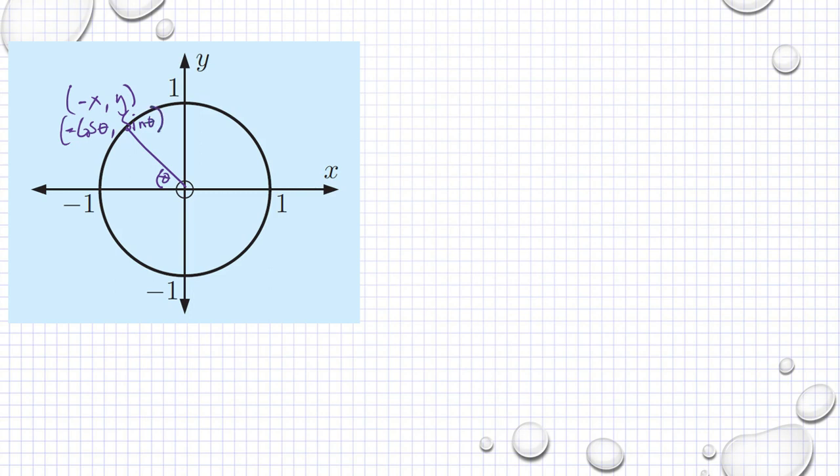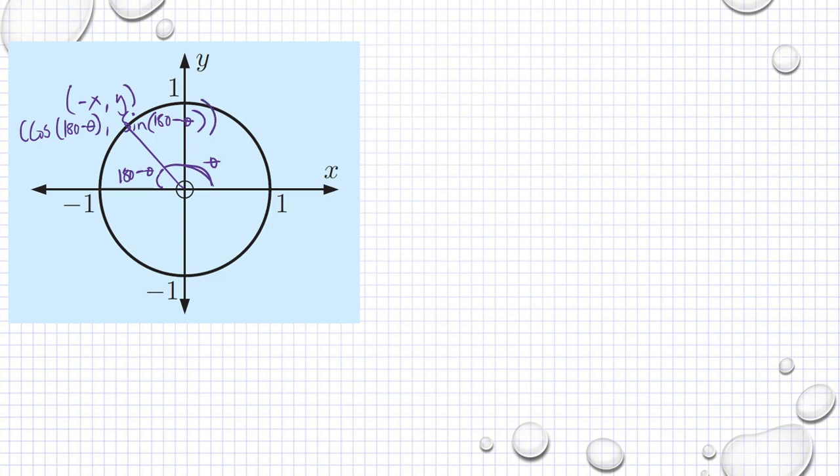If we call this angle 180 degrees minus theta, then we have cosine 180 degrees minus theta and sine 180 degrees minus theta.